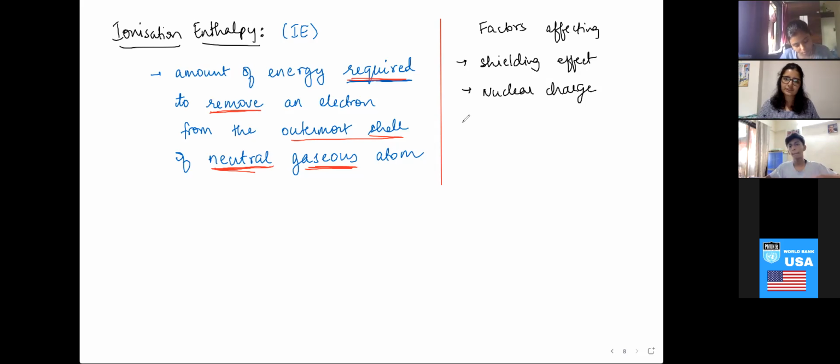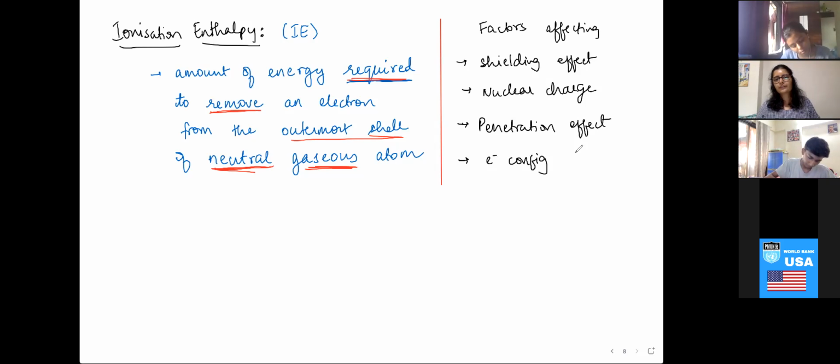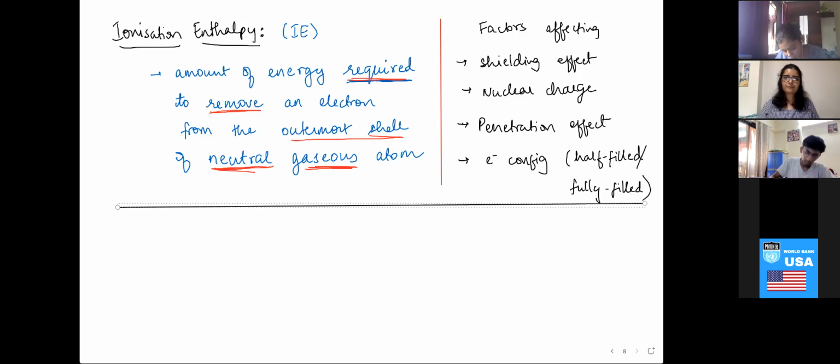The third is something called the penetration effect. And the electronic configuration. In the sense, you need to look at whether it is half filled or full filled, which is going to affect how easily or with what difficulty you can take the electron out. Okay, so based on this, we'll be discussing the trends.